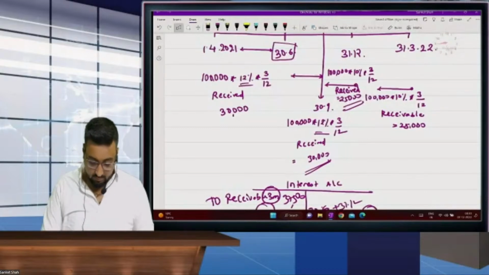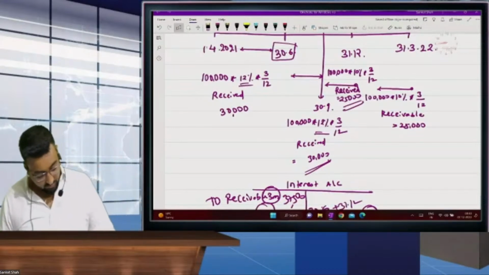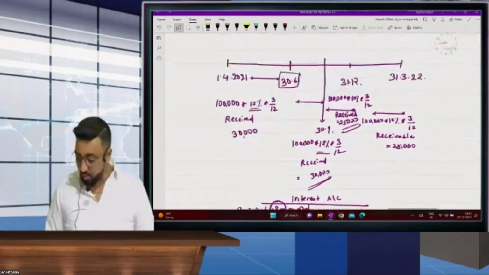Yes. How many of you got the correct answer for second year? Yes. प्रणव बोल रहा है मुझे आया सर.